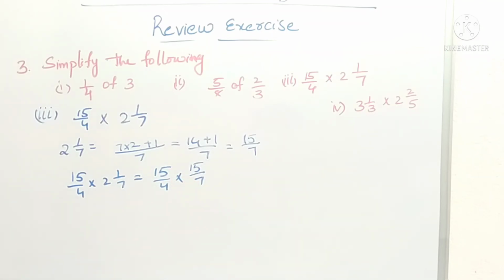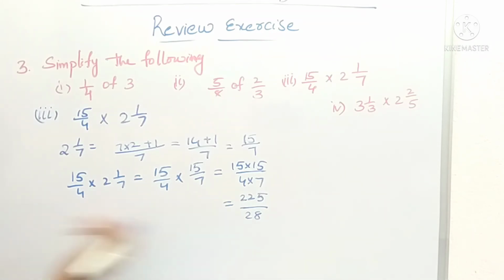So 15/4 into 2 1/7 is equal to 15/4 into 15/7. Now multiply both numerators and multiply both denominators. 15 into 15 by 4 into 7. 15 15s are 225, and 4 7s are 28.